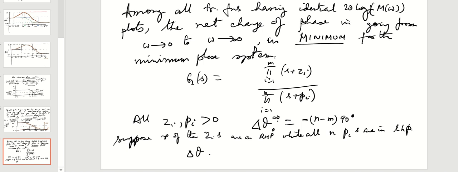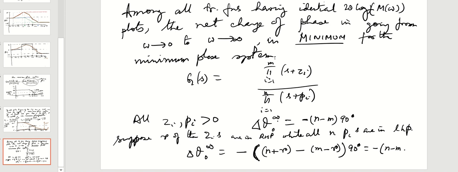Then this delta theta from 0 to infinity becomes minus of... So what happens to the overall contribution? So remember that these r fellows will now team up with the poles. So they get added to the poles and these will take the effect away from the zeros. Times 90 degrees, which is equal to minus of (n minus m plus 2r) 90 degrees.